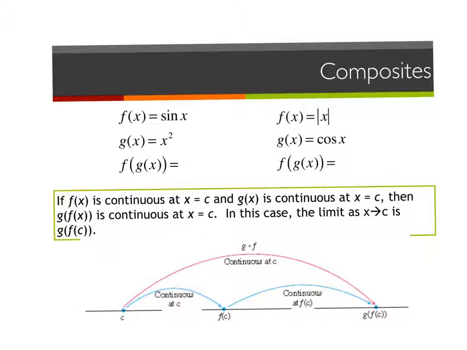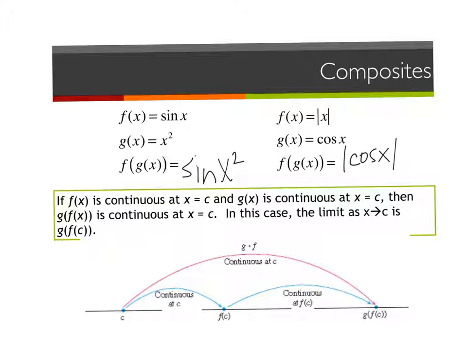Now, composite functions, let's do a couple quick examples here. If f of x is sine x, and g of x is x squared, what's f of g of x? Sine x squared. Perfect. And if f is absolute value and g is cosine x, f of g is the absolute value of cosine x.